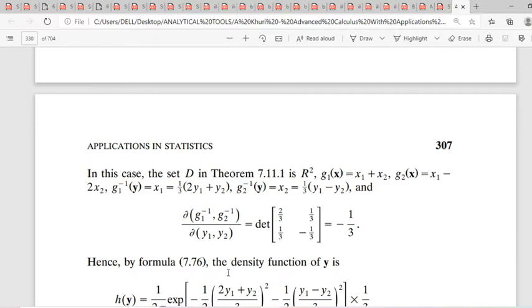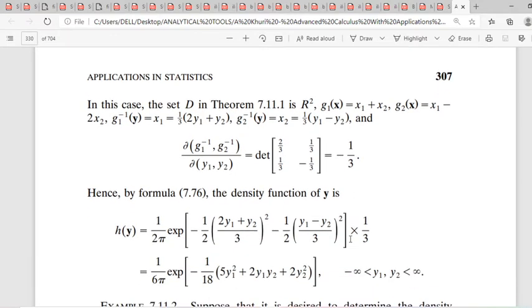Similarly, dou g2 inverse by dou y1 is 1 by 3, and dou g2 inverse by dou y2 is minus 1 by 3. Since it's a determinant, we take the product and subtract. So that is minus 2 minus 1 by 9.